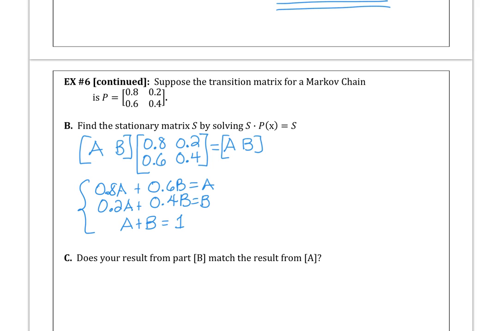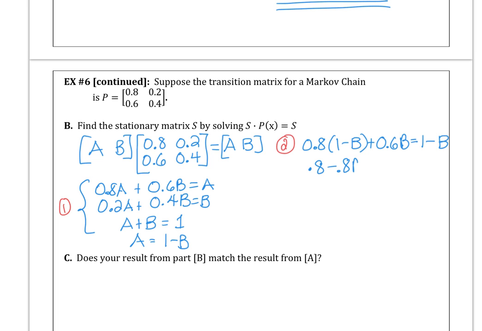We can substitute that A is 1 minus B. So 8/10 of A, that's 1 minus B, plus 6/10 of B has to equal A, that's 1 minus B. Solving for B, we've got 8/10 minus 8/10 of B, and 6/10 of B is 1 minus B. So combining like terms, add this B. We've got 8/10 of B is 1 minus 8/10, so that's 2/10.